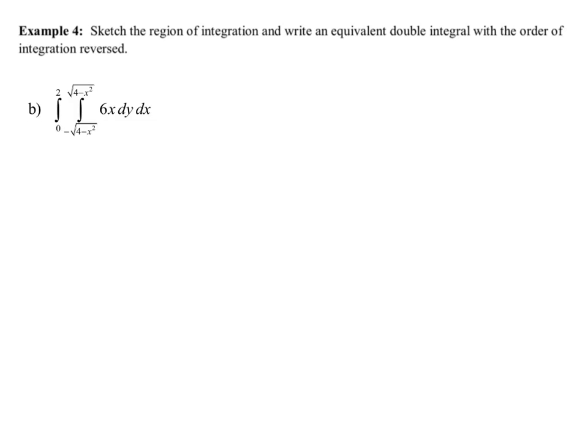Part B of example 4 gives the double integral of 6x dy dx with inner bounds from y equals the negative square root of 4 minus x squared to the positive square root of 4 minus x squared, and outer bounds from x equals 0 to 2.